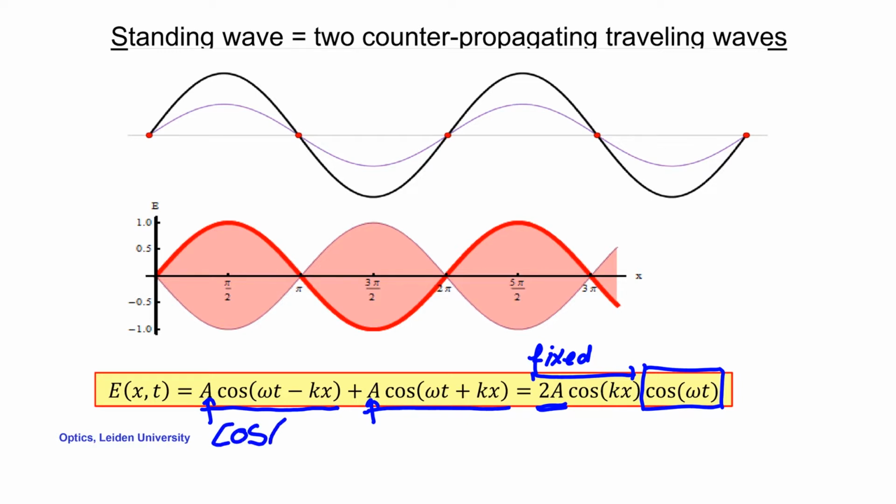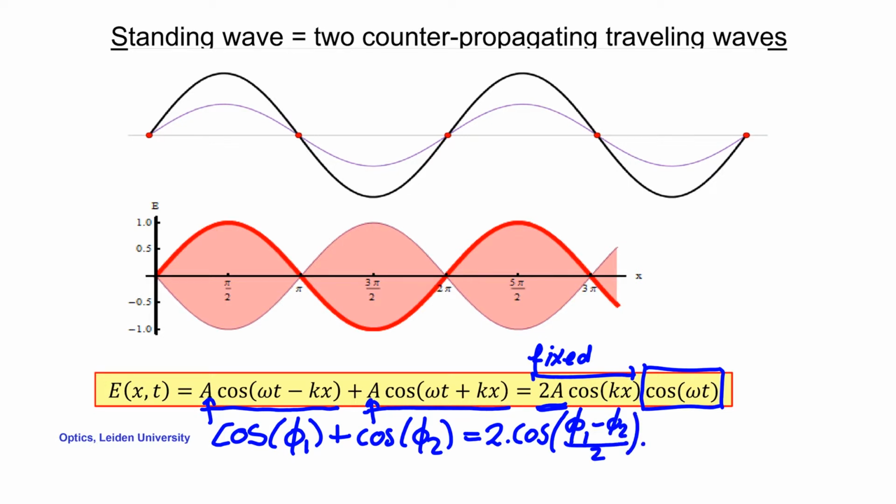It's based on the idea that if you add 2 different cosines, then the addition of these cosines can be rewritten as the product of the cosine of half the difference of the angles multiplied by the cosine of half the sum.